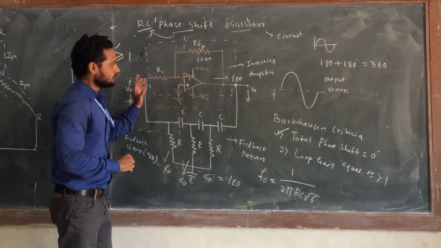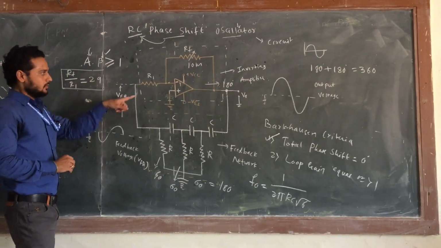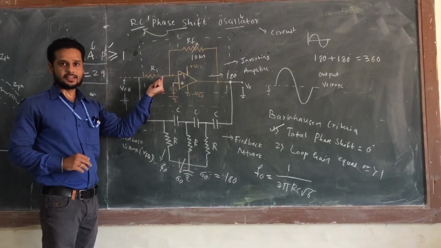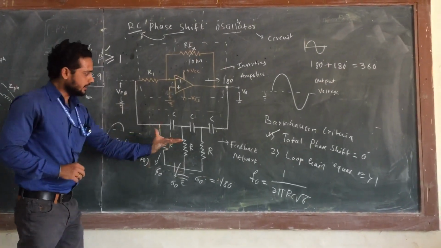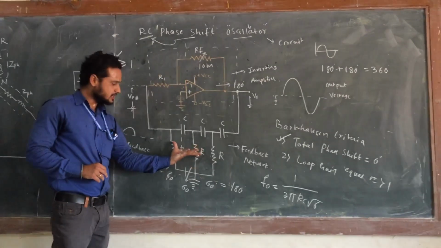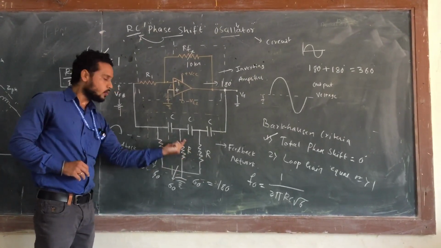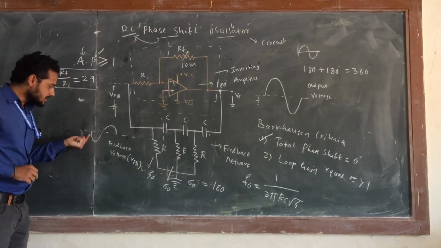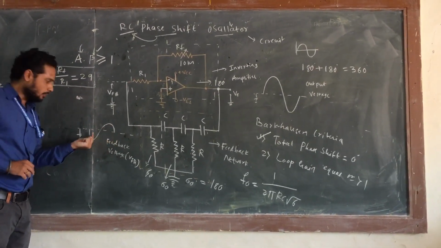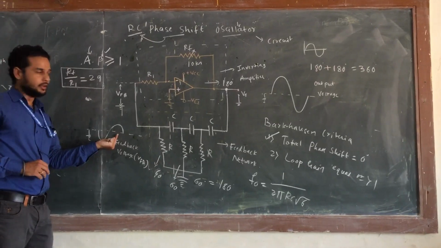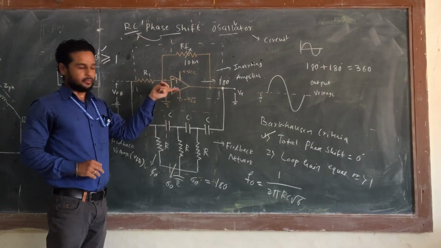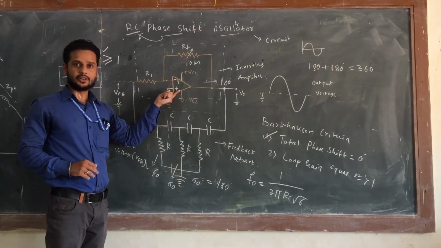In order to answer this question, first you have to check what kind of input this amplifier is receiving. Input is being received from this feedback network, which produces 180 degree phase shift. Look at the nature of this feedback voltage. This itself is an inverted one. If you apply an inverted input to the inverting terminal of the op amp, it will be inverted again because it will introduce 180 degree phase shift again.